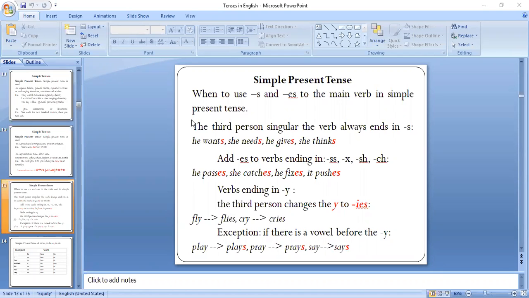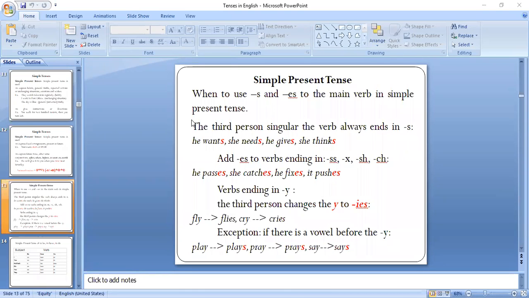If the verb ends with double s, x, sh or ch, we should add the es suffix to the verb. Examples we have seen are pass, catch, fix, push.